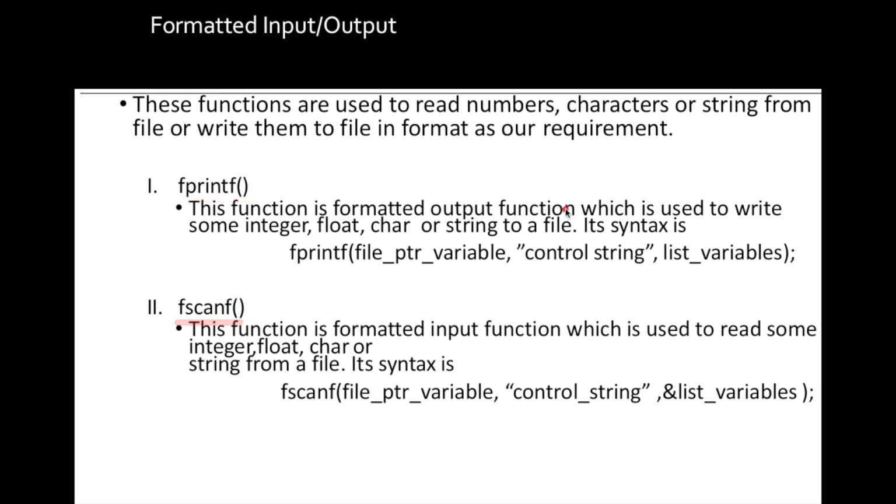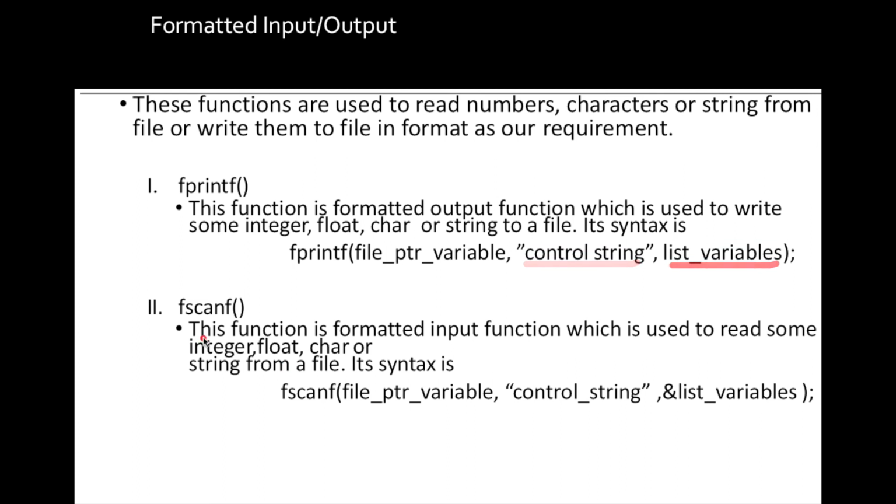The fprintf function has the following syntax. First is the file pointer variable, then the control string, and then the list of variables. For example, if I want to write the content of integer variable a into the file, I write %d, and here I write a.